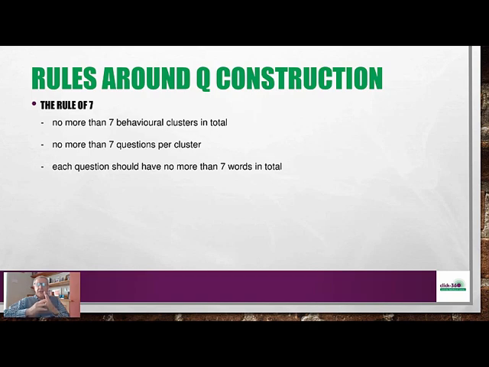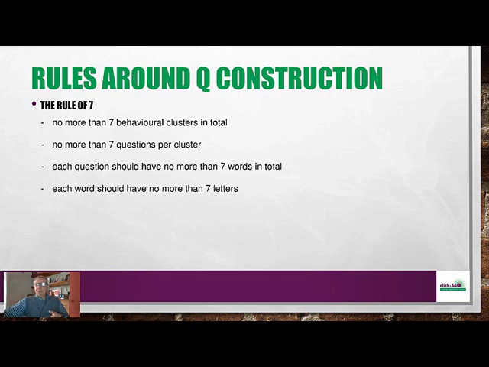Each question should have no more than 7 words. And this will ensure that you're almost certainly only asking one thing at a time. It's going to be less ambiguous and thereby make it easier and therefore quicker for raters to answer. Less is definitely more here.